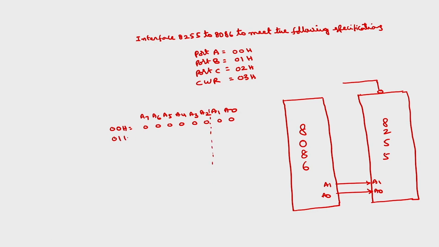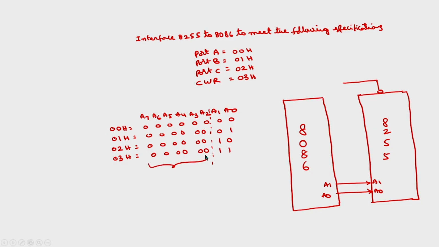What is 01H? 00000001. 02H? 00000010. 03H? 00000011. You see here, for all these combinations A2 to A7 are all zeros, whereas A1 A0 changes. This is for port A 00, port B 01, port C 10, control word 11.